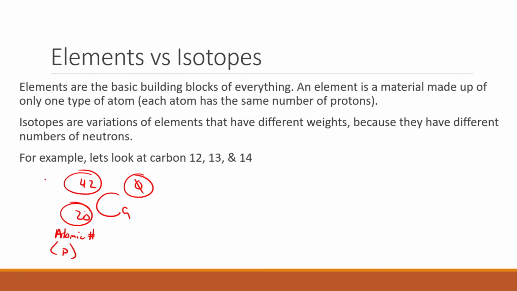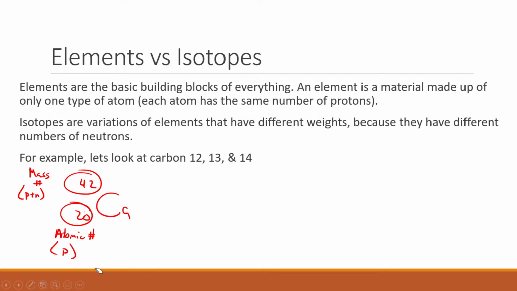This number up here in the upper left corner is the mass number, and that's equal to the sum of the protons and the neutrons. And this number in the upper right corner is the charge, and that is the protons minus the electrons. Now, we're going to ignore charge. We're going to focus in on atomic number and mass number today.